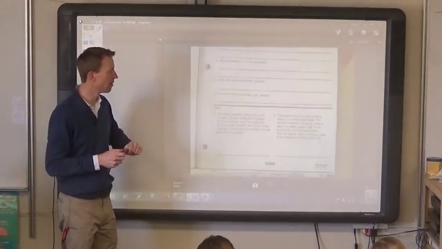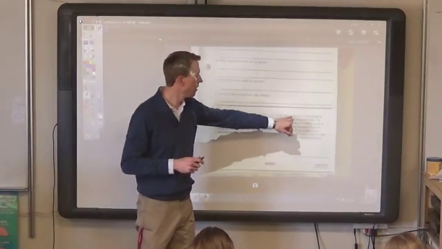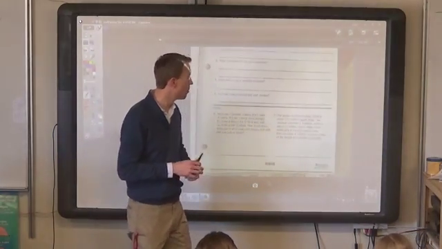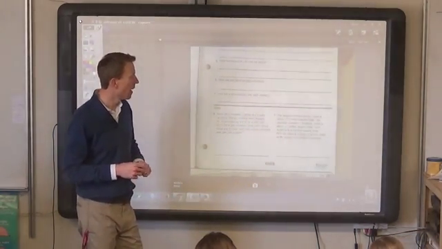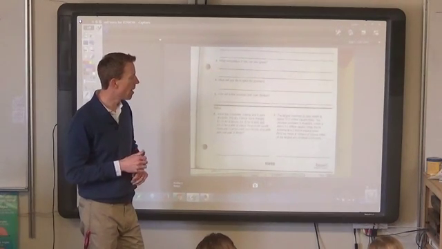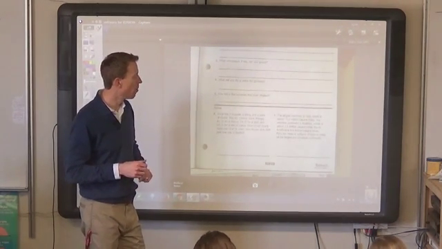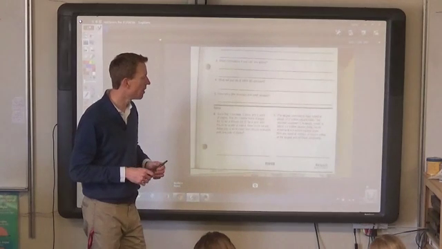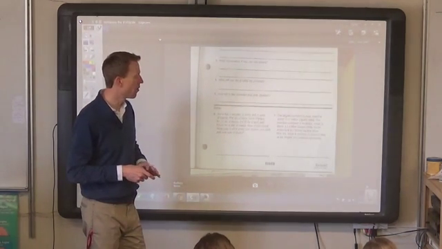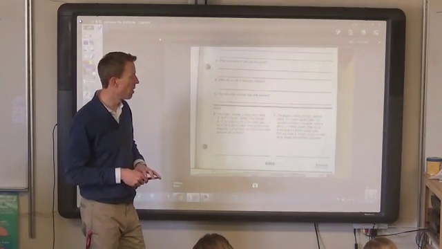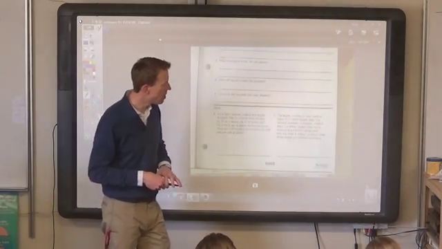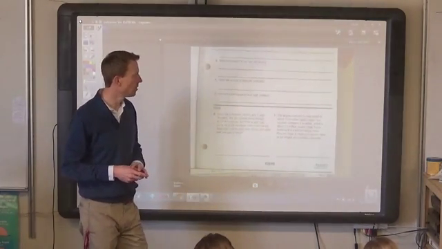And then number 7. The largest continent is Asia, which is about 17 2/10 million square miles. The smallest continent is Australia, which is about 3 3/10 million square miles. North America is about 9 4/10 million square miles.